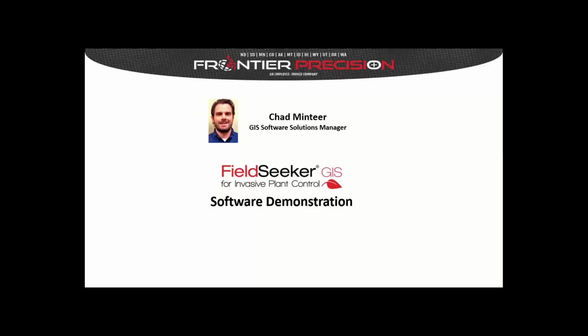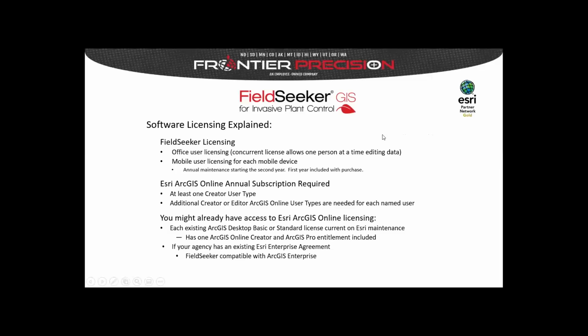And one thing I wanted to point out too, like Chad mentioned, the data is stored in your ArcGIS Online account. So this means that you have full control and ownership of the system and the data. I just wanted to spend a little time here on the software licensing. So we're dealing with two software licenses between FieldSeeker and the ArcGIS Online licensing.